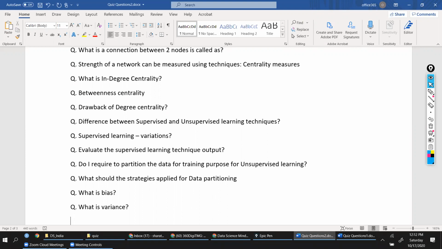We always try to address bias on the training data. But when you're trying to address bias, you might go for high variance. So to balance this, we use the train test data partitioning technique, and we evaluate the overfitting and underfitting cases.